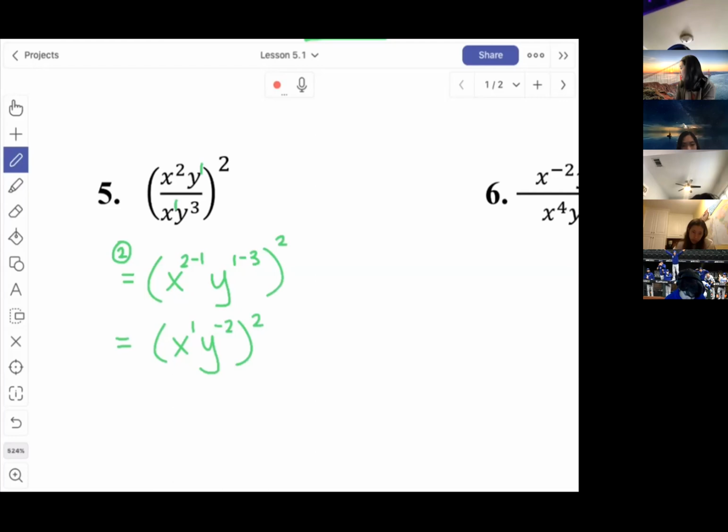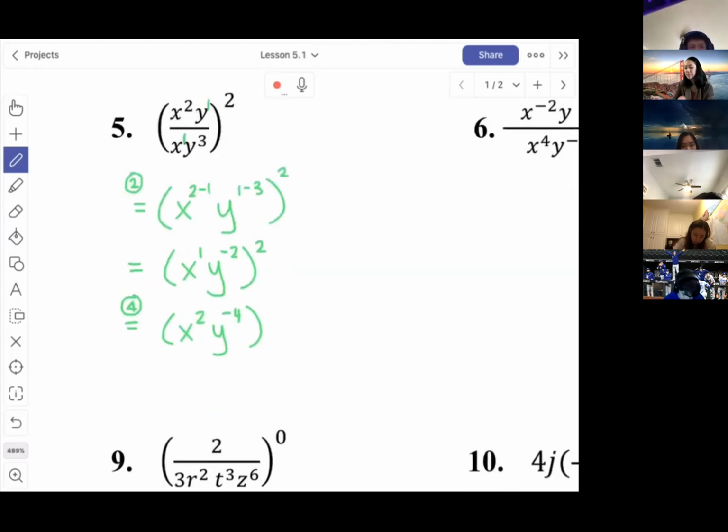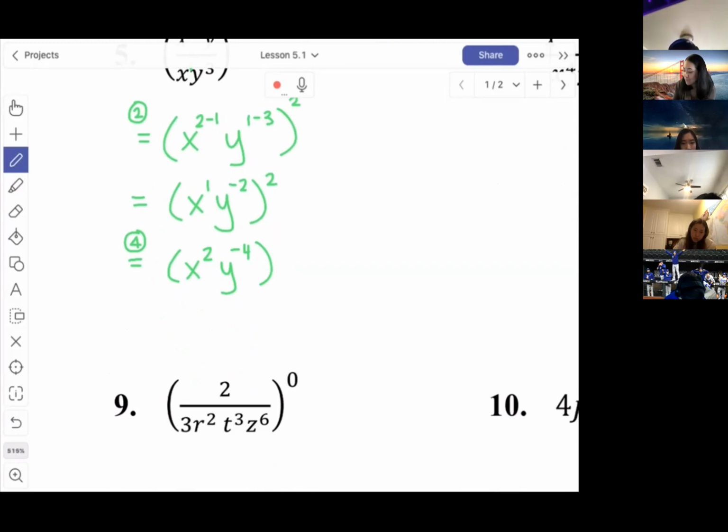Now using property number 4, I can give each part of that base the exponent of 2. So this will be x squared, and y to the -4. Now I can't have negative exponents.